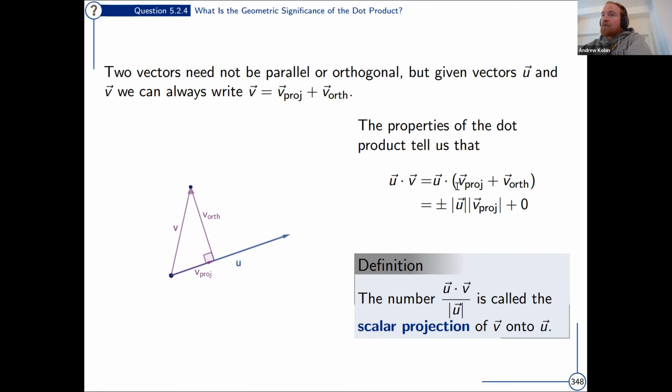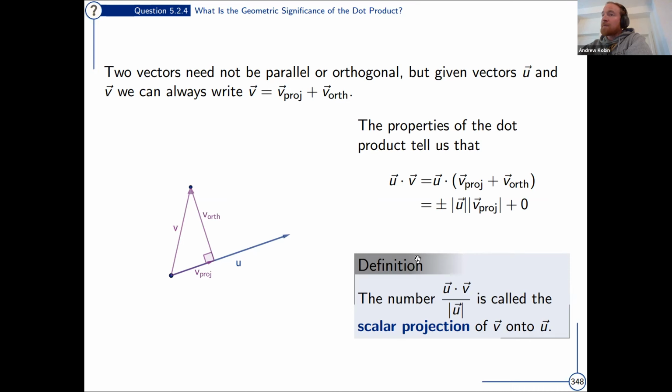But u and vproj, when we take their dot product by the first theorem, the dot product is equal to plus or minus the product of their two lengths. So in general, this is how we compute the dot product between two vectors u and v, no matter what the direction is between them. u times v is equal to plus or minus the product of the length of u and the length of vproj.